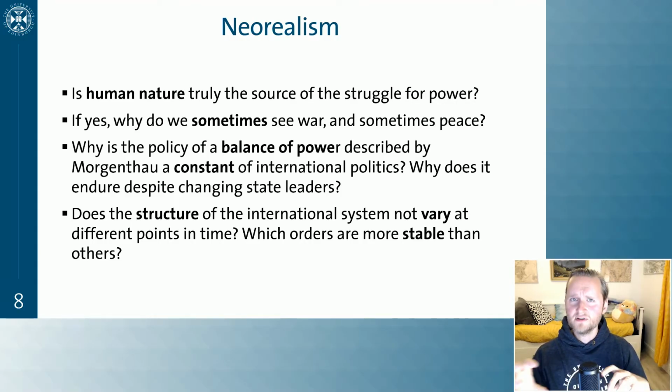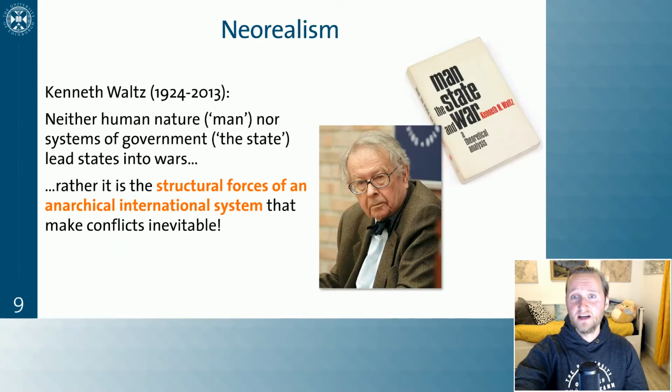And doesn't this also imply that some orders are more stable than others? Think about what we said about the Congress of Vienna. Wasn't there a time in history where things were more stable than they were afterwards, say, for example, between the First and the Second World War? So there's a couple of questions that classic realism can't answer and that neorealists say they can answer.